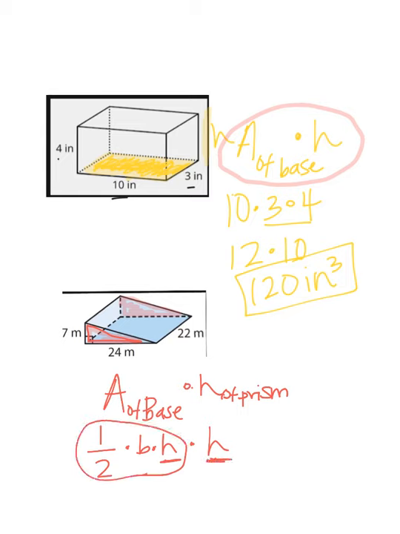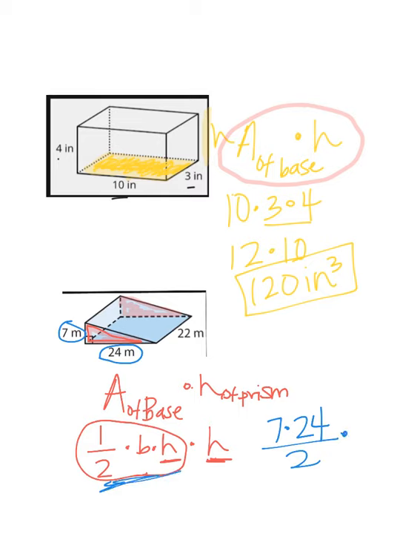So in this case, let me grab another color here. We would take 7 times 24 and then times that by a half, or divide by 2, because that is our base times height of the triangle, but we need half of it because of our formula over here.